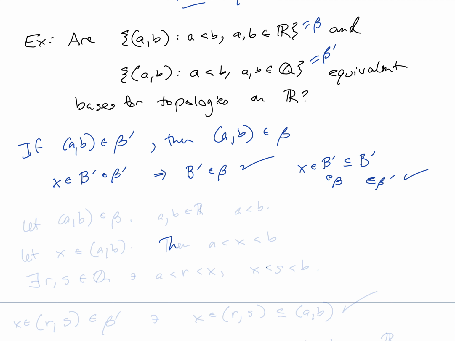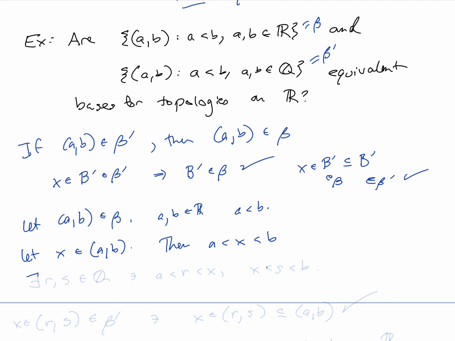With the reverse roles, let (A, B) be an element of beta. So A and B are real numbers, A is less than B. Let X be an element of this open interval from A to B. Then by definition, A is less than X, which is less than B. And we know that the rationals are dense in the real numbers.